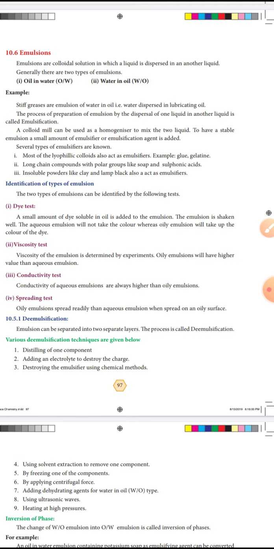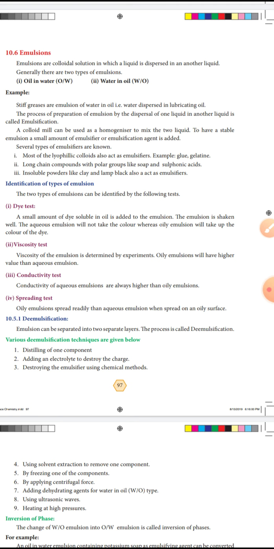It is the process of preparation of an emulsion. A colloid mill can be used as a homogenizer to mix the two liquids. To have a stable emulsion, a small amount of emulsifier or emulsifying agent is added during the emulsification.